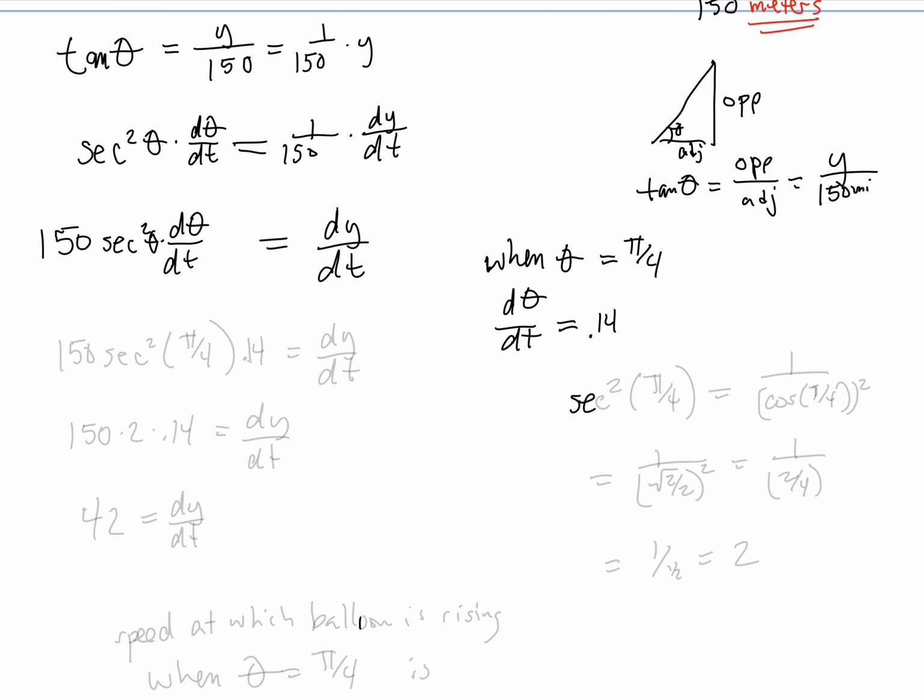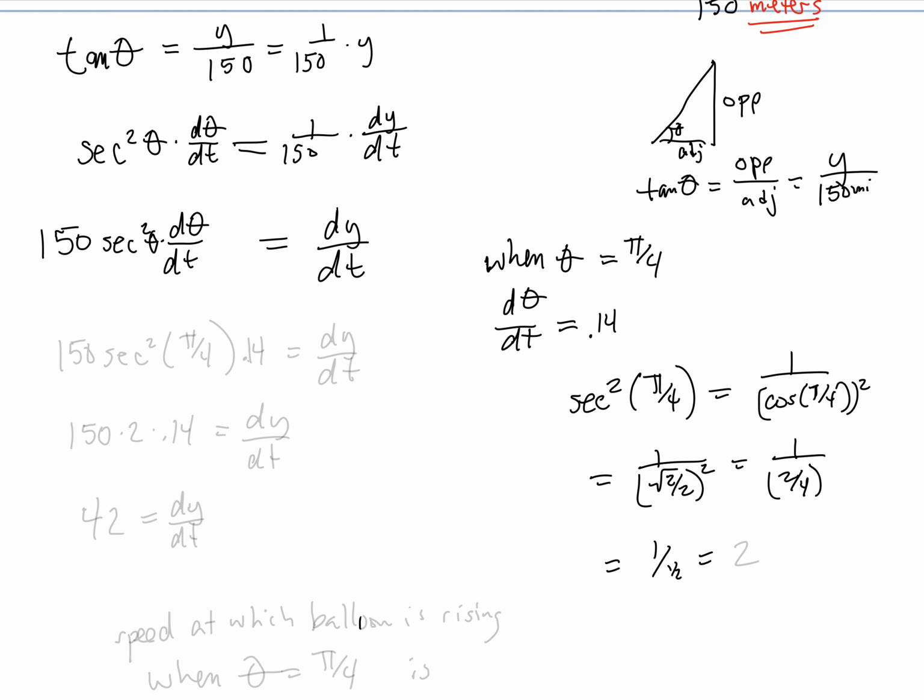What about secant squared of pi over 4? That's the same thing as 1 over cosine of pi over 4 squared. Cosine of pi over 4 is one of those angles that we know, square root of 2 over 2 squared. So that's 1 over 2 over 4, or 1 over 1/2.